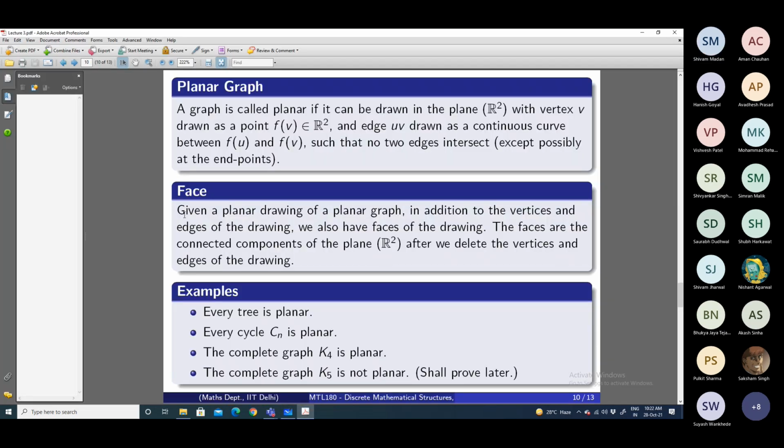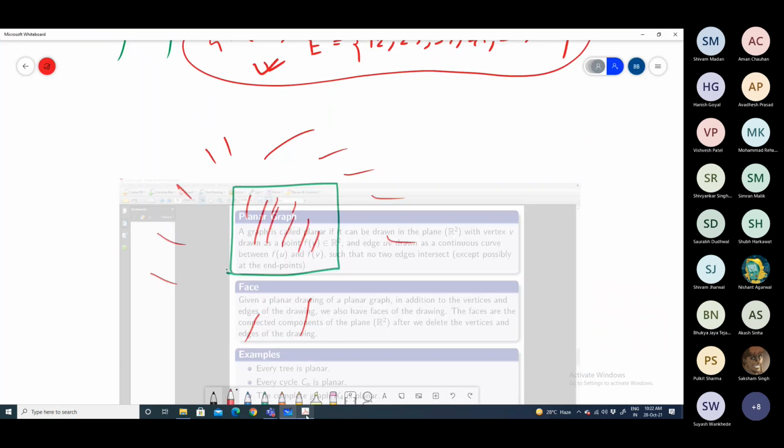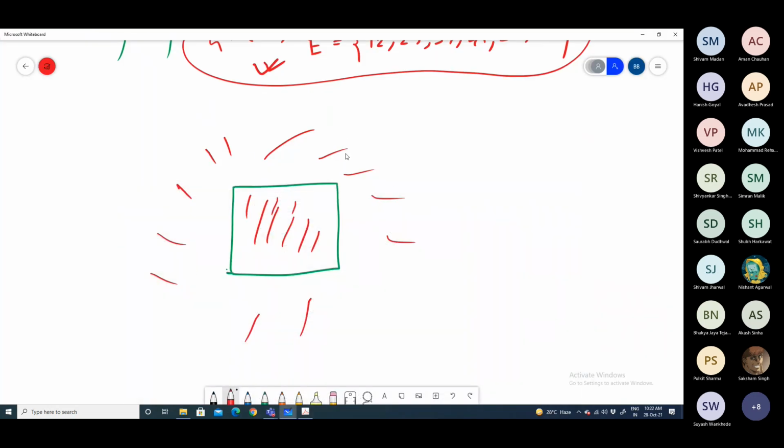See, here I have written that. Given a planar drawing of a planar graph, the faces are the connected components of the plane after we delete the vertices and edges of the drawing. Or what you can do, you can take a piece of paper, your paper is like a plane only, and you can cut along these edges. Then you can see how many pieces we will have after cutting along those edges.